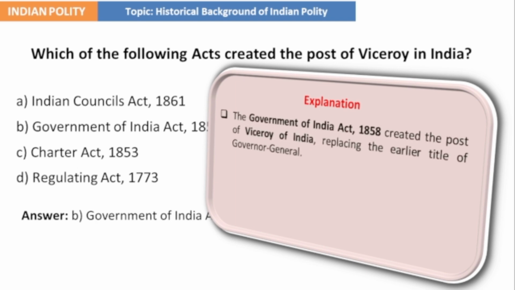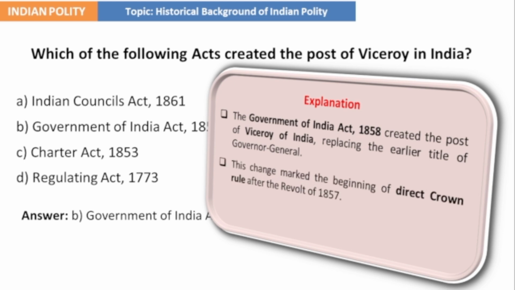The Government of India Act 1858 created the post of Viceroy of India, replacing the earlier title of Governor General. This change marked the beginning of direct Crown rule after the revolt of 1857. Lord Canning was the first Viceroy of India, serving from 1858 to 1862.